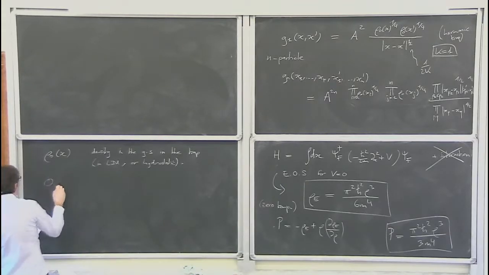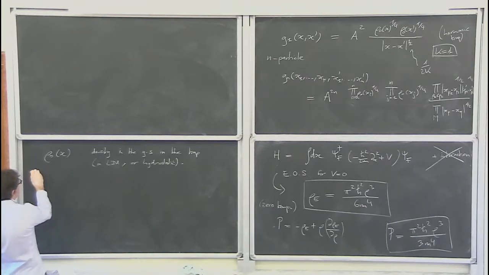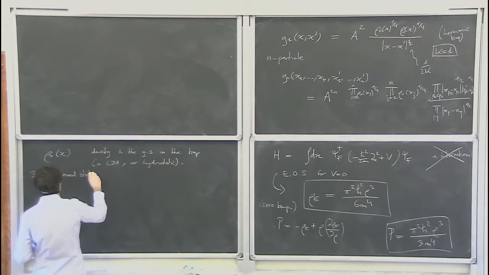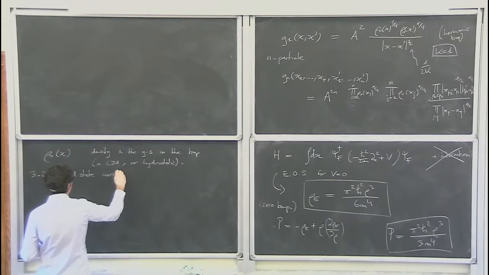So we would like to be able to calculate correlation functions in the ground state. By the way, this is 3, 2, I think. So ground state correlations.